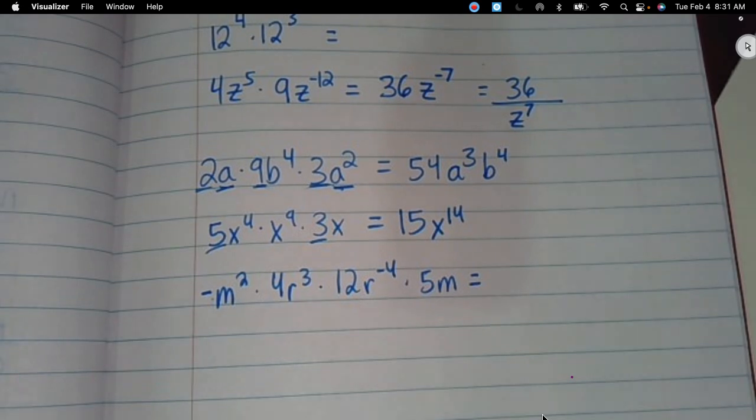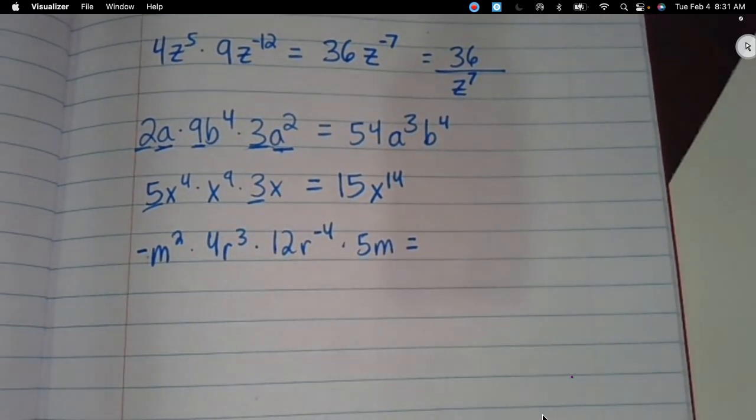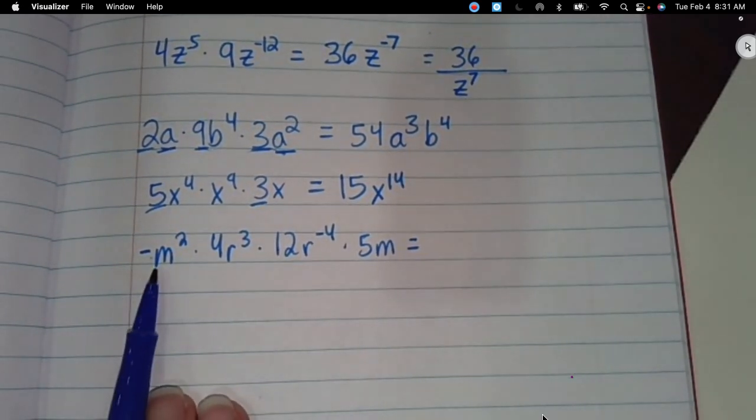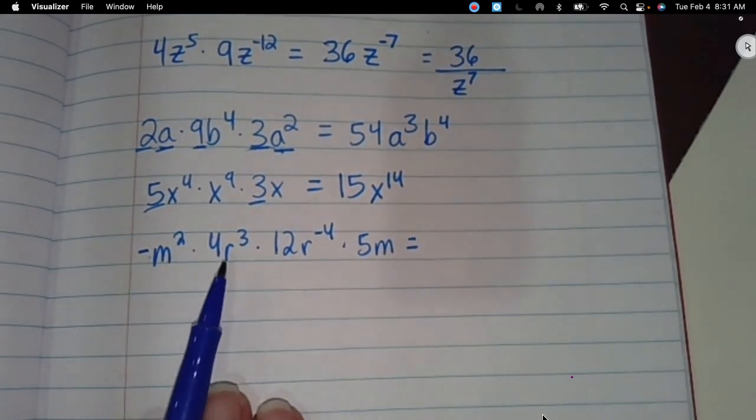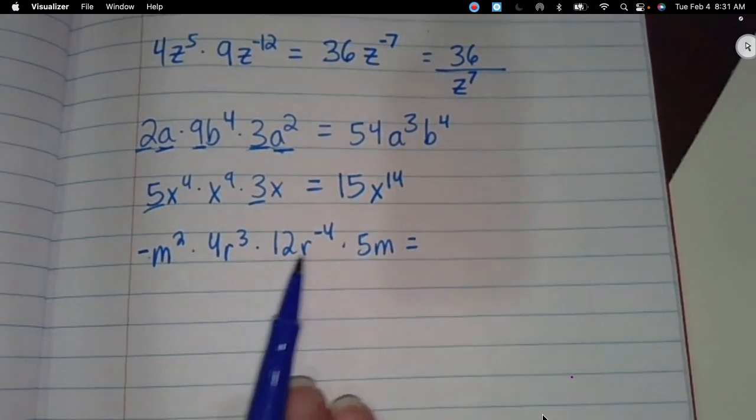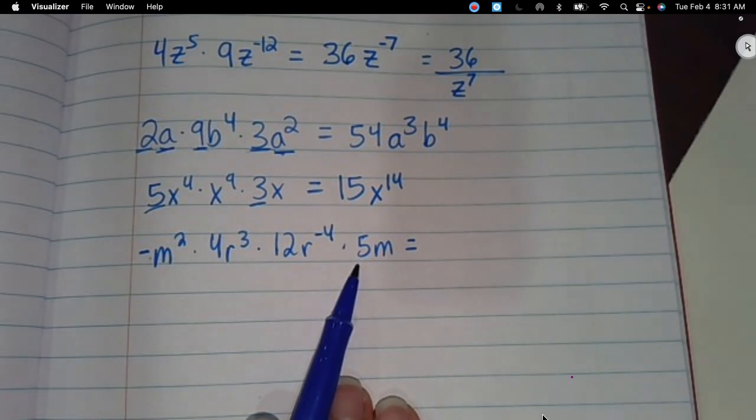Okay, so we'll multiply all the numbers first, the coefficients, the numbers out front. So I've got, well, it's negative, that's like a -1. Does everybody understand that? It's like -1 times 4 times 12 times 5. Is everybody okay with those numbers?